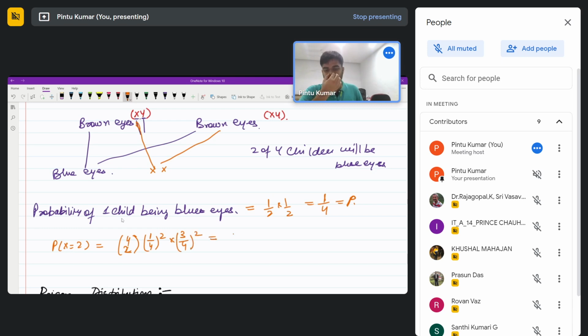So this is 6 into 9 by 256, which simplifies to 27 by 128. This is what we should get.